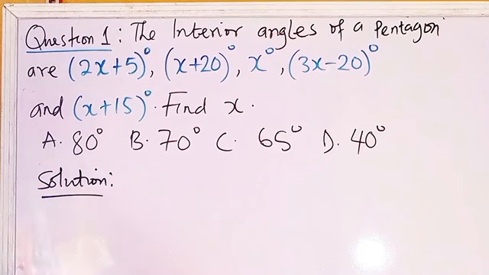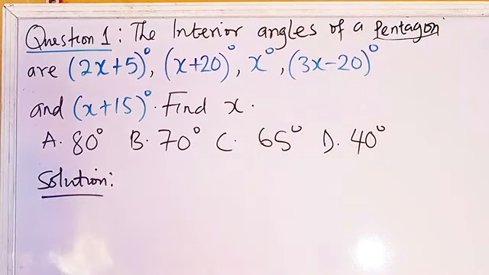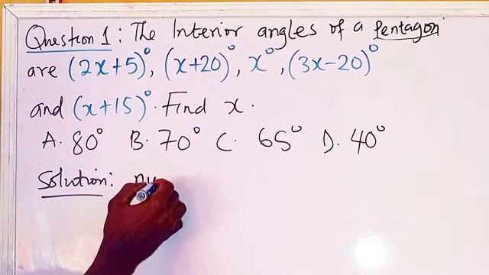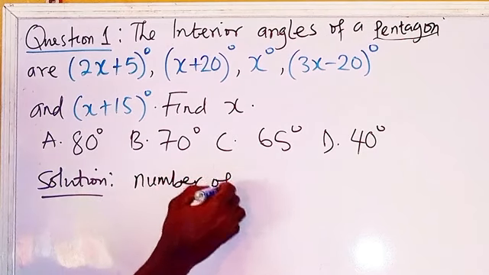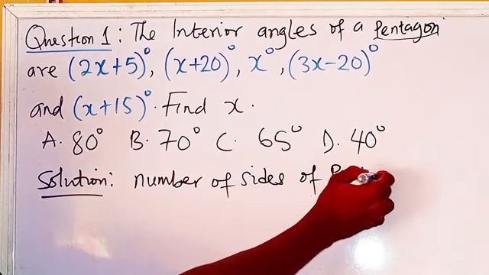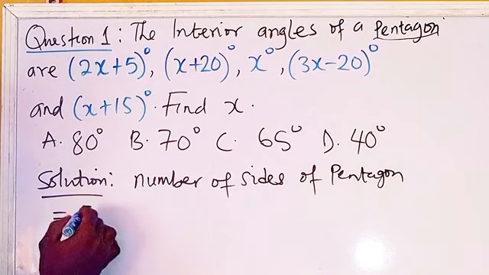Now from here, let's look at what they mean by pentagon. Pentagon means a shape with 5 sides. So here we have the number of sides of the pentagon, which is 5.